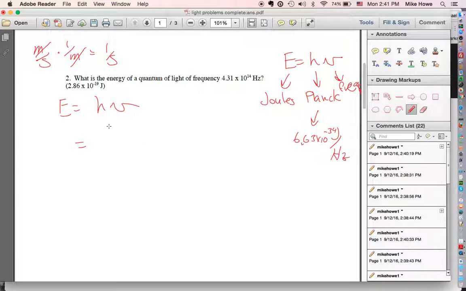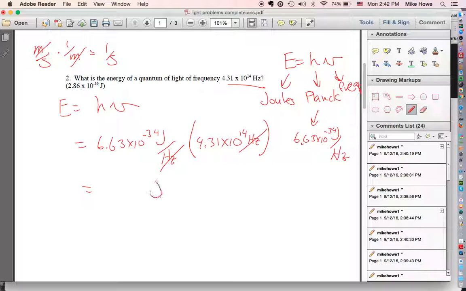We know frequency and we know h, so it's pretty simple. 6.63 times 10 to the -34th joules per hertz multiplied by the number of hertz, which is 4.31 times 10 to the 14th. Notice that hertz cancel, and I just end up with joules, which is 2.86 times 10 to the negative 19th.